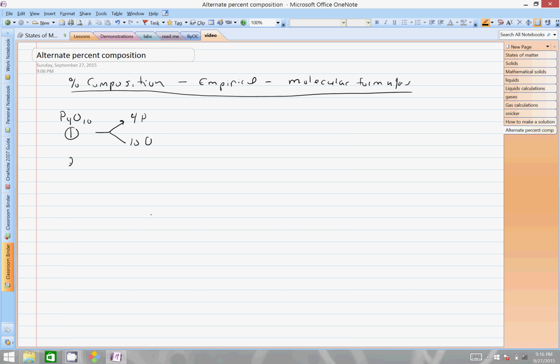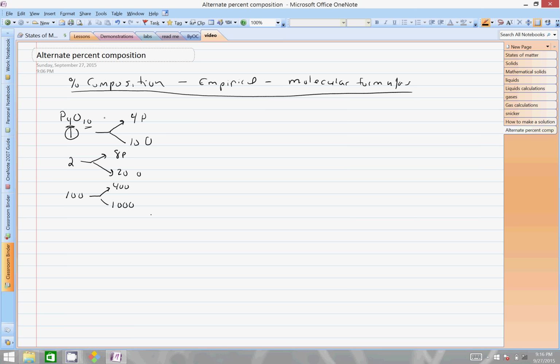If you have 2 of these guys, then you would get 8 phosphoruses and you would get 20 oxygens. If you have 100 of these guys, you would get 400 and about 1,000 here. So this ratio of phosphoruses to oxygens is locked at a 4:10 ratio based on the molecule.